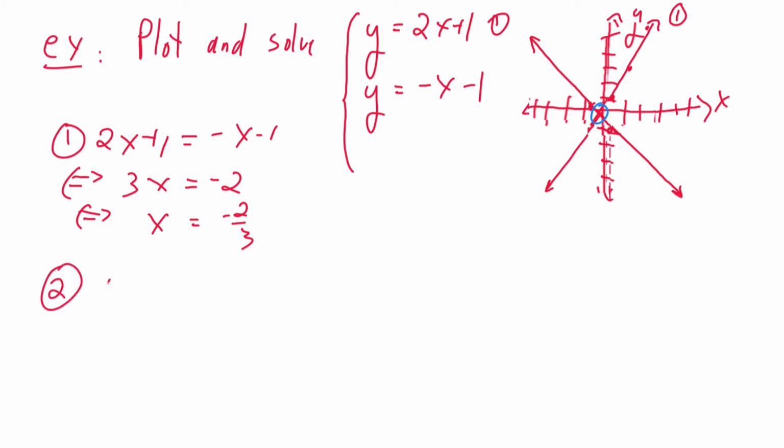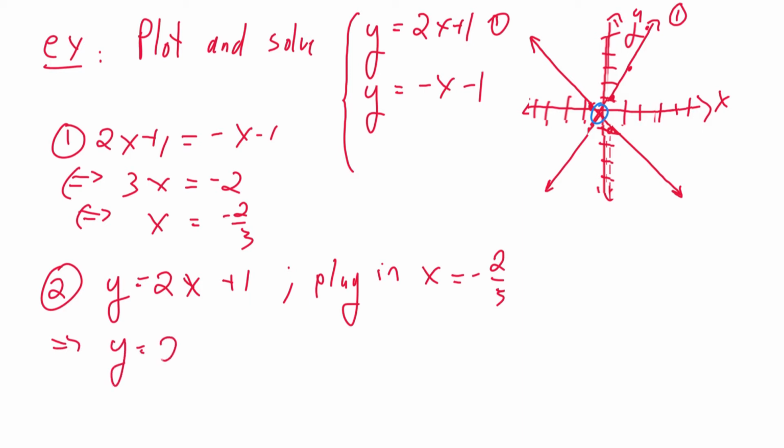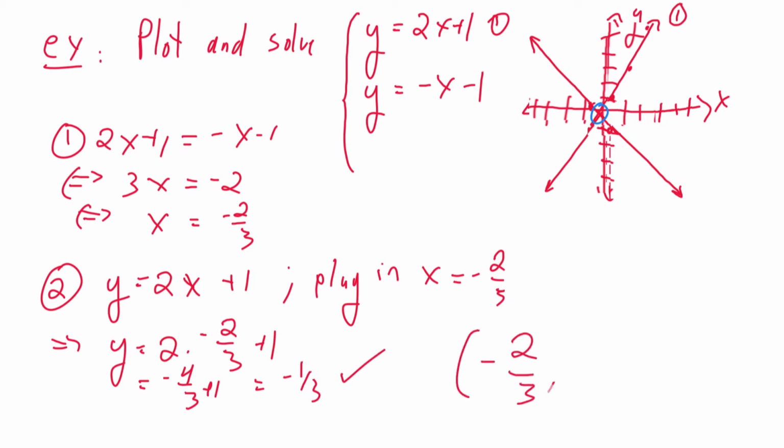Now I'll go back and say that y is equal to 2x plus 1. And I'll plug in x equals minus 2/3 to get y equals 2 times minus 2/3 plus 1. Minus 4/3 plus 1, so this is minus 1/3. So the point of intersection is (minus 2/3, minus 1/3). That's this point that I'm about to highlight in green right there. Those are the exact coordinates for it.